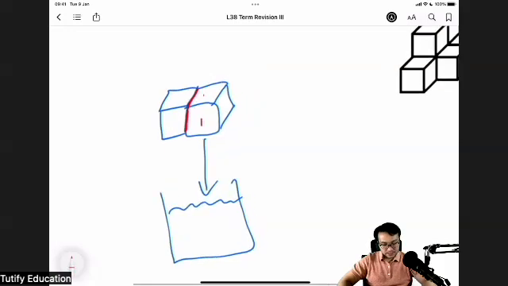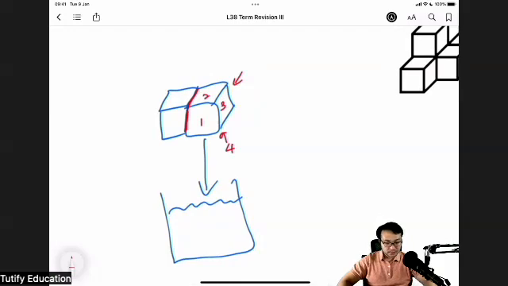Let's count. 1, 2, 3. What about the bottom? Will the bottom be painted? 4. What about the back? Will the back be painted? Kate, are you there? Yes.